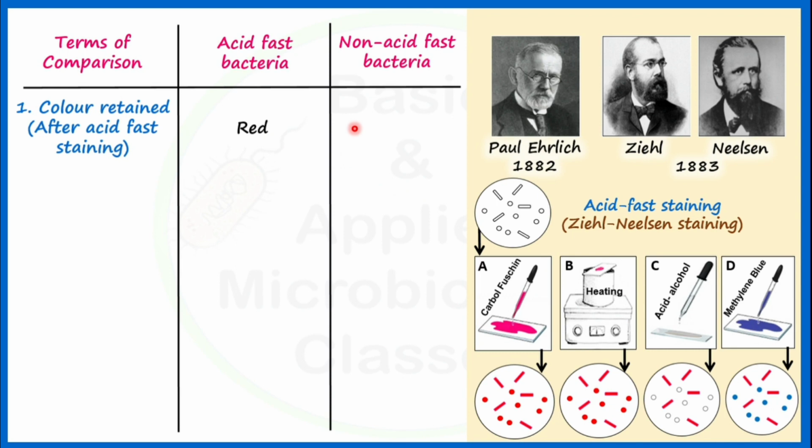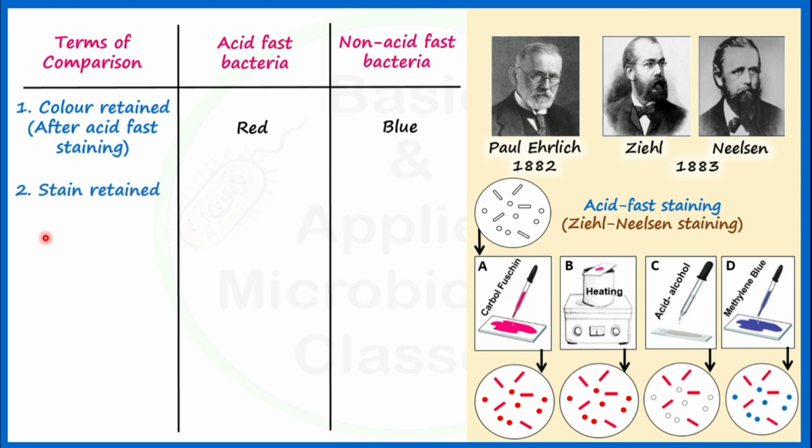On the other hand, if we are getting results like this, that all bacteria in our sample that we have stained in the laboratory are of bluish color, meaning they have taken the color of methylene blue, then we will say that those are non-acid fast bacteria. And for a bacterial culture in the laboratory, if we are performing this staining and some bacteria have taken the red color of the carbol fuchsin and other bacteria are of bluish color, having taken the color of methylene blue, then we will say that our culture has both acid fast and non-acid fast bacteria, right?